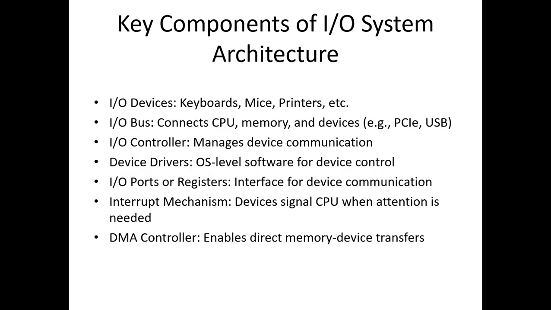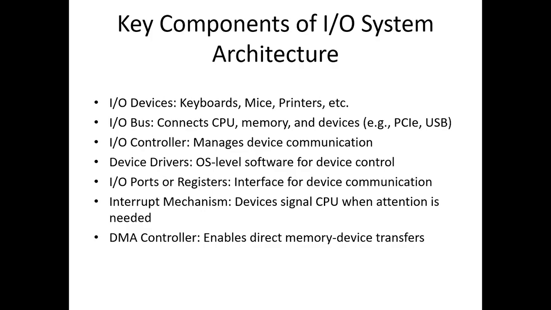Before we begin talking about the key components, what is the input output system architecture? It refers to the framework that allows a computer to interact with external devices like the keyboards, displays, hard drives, and network cards. It manages how data flows between the CPU, the memory, and peripherals, ensuring that communication is efficient, reliable, and timely.